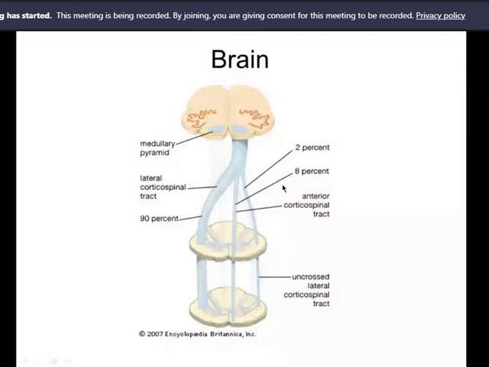Some people can contract their abdominal muscles according to their will, because 10 to 20% of the pyramidal tract is also there in the trunk. Most of us cannot do it, and in most of us 90% of the pyramidal tract for skillful movement goes laterally. Up to this clear?